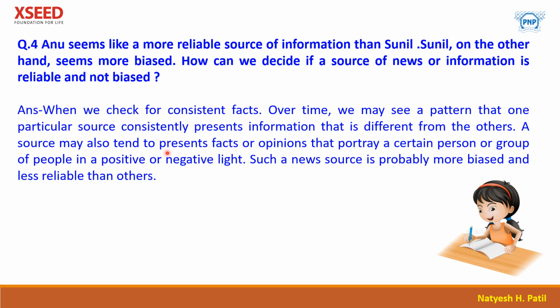A source may also tend to present facts or opinions that portray a certain person or group of people in a positive or negative light. Such a news source is probably more biased and less reliable than others. Understood?